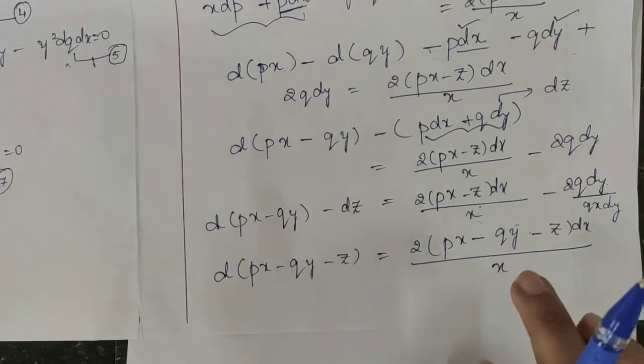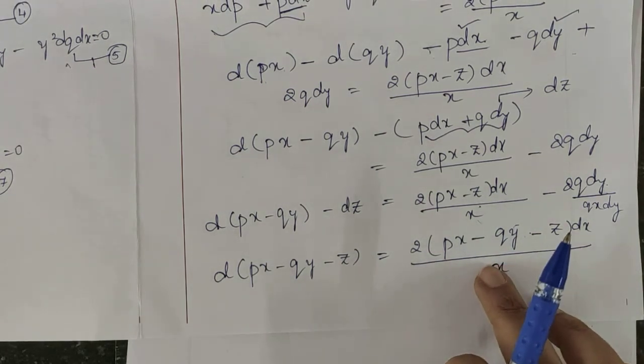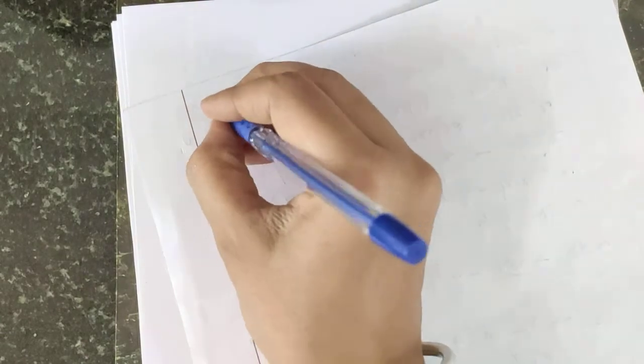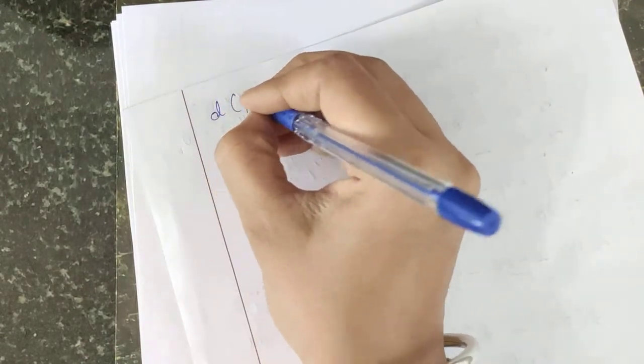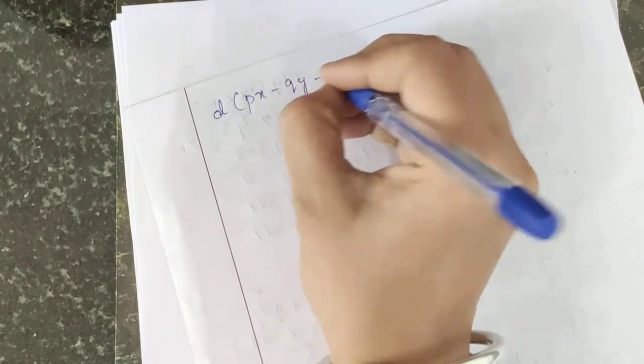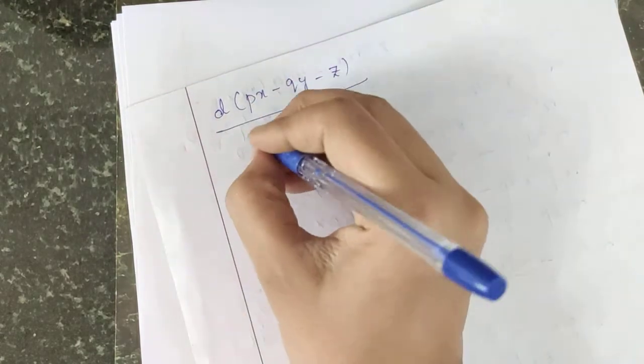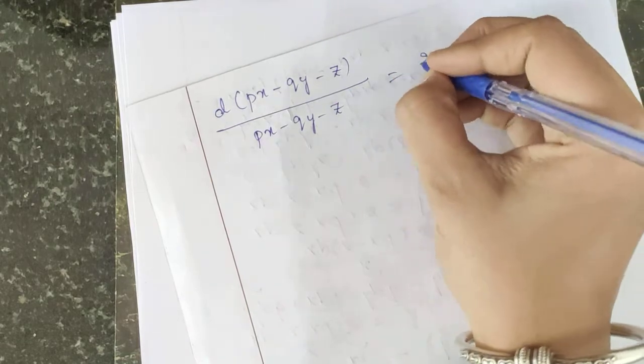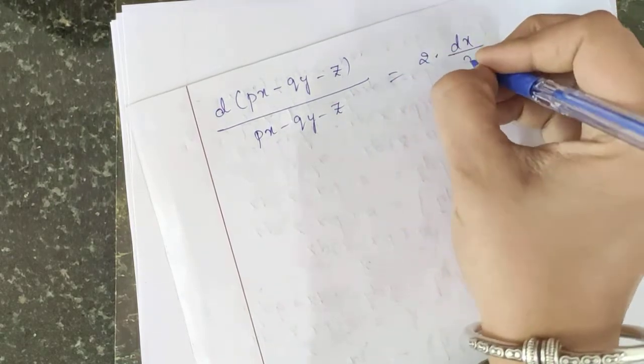Okay. So now I have to integrate this. Let us check whether I can simplify this further or not. So this equation will become differentiation of (px minus qy minus z) on variable separable method. I can write in this way is equal to 2 times of dx by x.